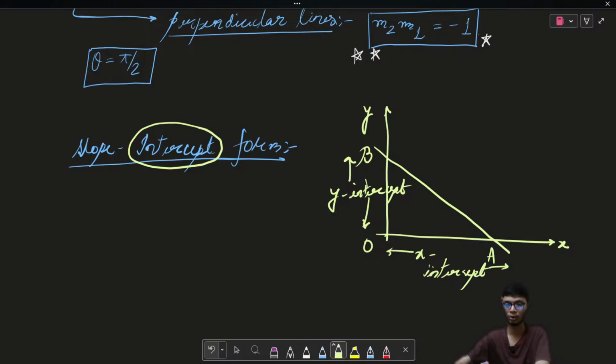Let us call the origin O. So OB is the y-intercept and OA is the x-intercept. Intercept is just a measure of the distance, from the origin, of the point where the line cuts the x and the y-axis, right?